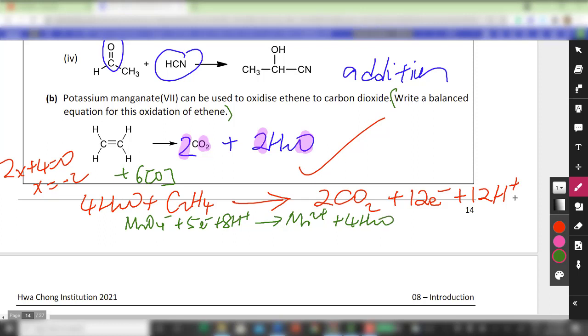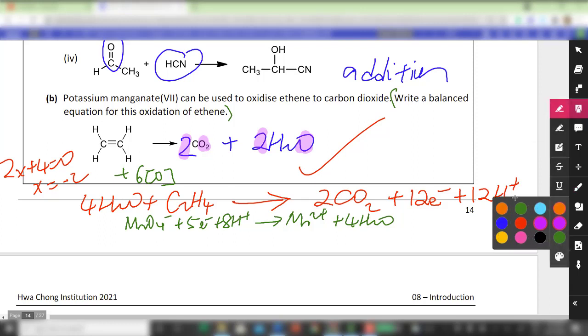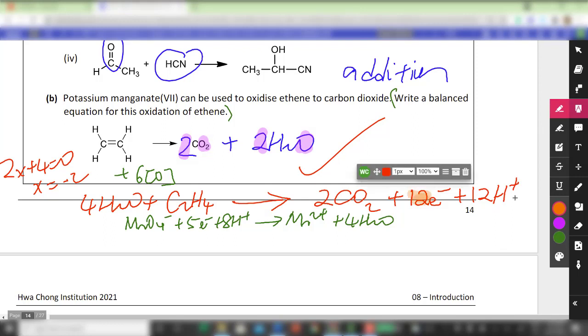Okay, so what you're going to do now is add the two equations up, and you realize that it's more complicated than it seems, because if you simply look at electron transfer, ethene gives out 12 electrons, but permanganate can only take 5.